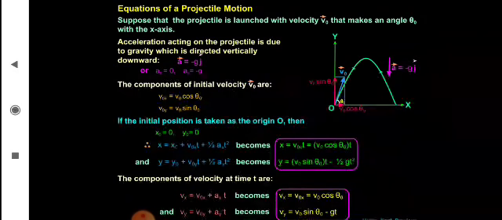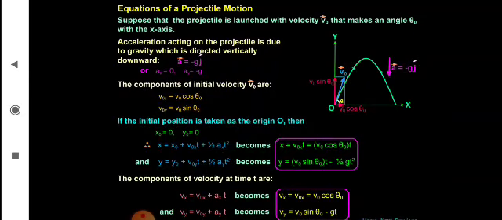We substitute those values in the x and y equations, and it becomes x equal to v naught x t, that is v naught cos theta naught into t, and y equal to v naught sin theta naught into t minus half g t square. So instead of v naught x we have v naught cos theta naught, and instead of v naught y we have v naught sin theta naught. That also we have to substitute.